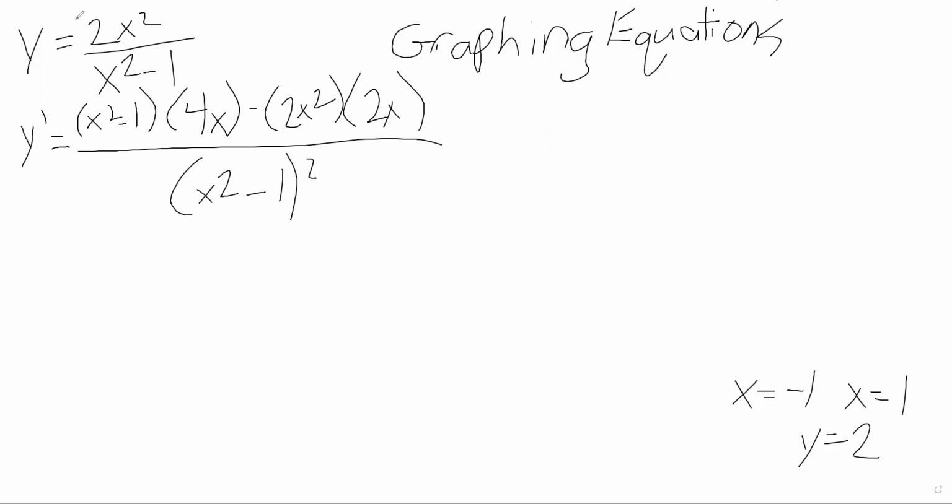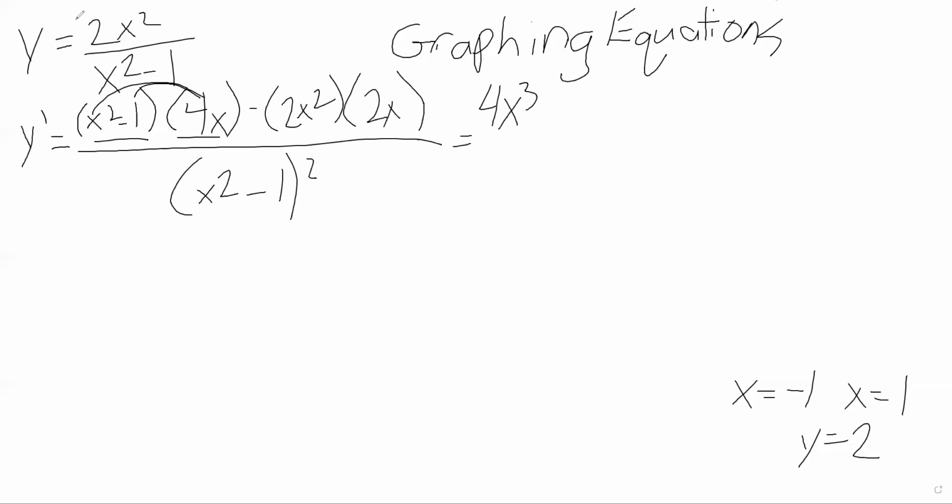So our second step is going to be to try and simplify this. So what we're going to do is we're going to try and distribute. So obviously we got a binomial here with the x squared minus 1 and the monomial with the 4x. So we're going to distribute it like this. So we can do 4x times x squared. So we got 4x cubed.